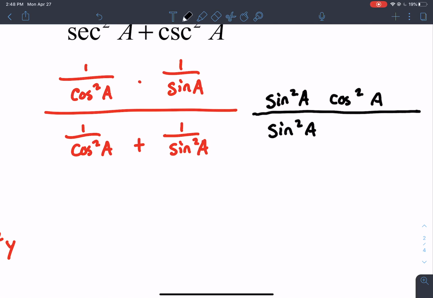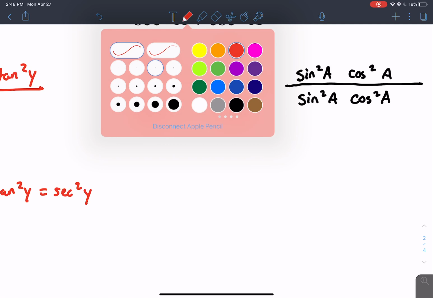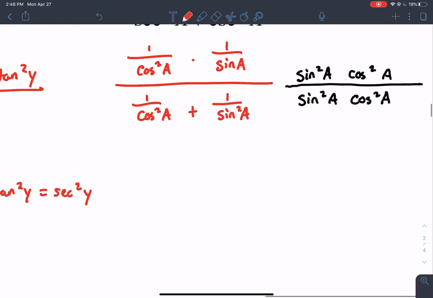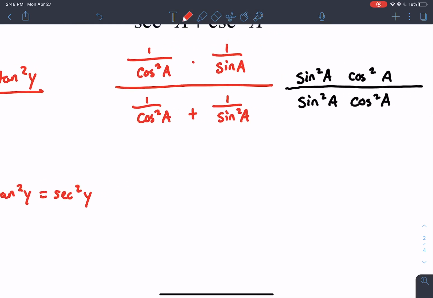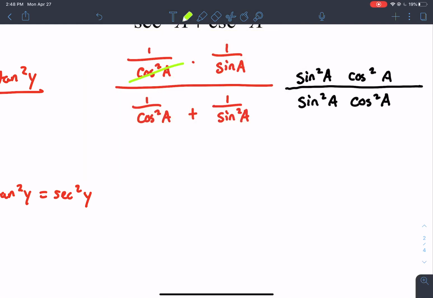Now you need to remember that you're multiplying this to everything. You only have one term in the top because technically these are being multiplied together. So sine squared, cosine squared is going to go on the top. This cosine squared is going to cancel out that cosine squared, and then this sine is going to cancel out one of those sines.